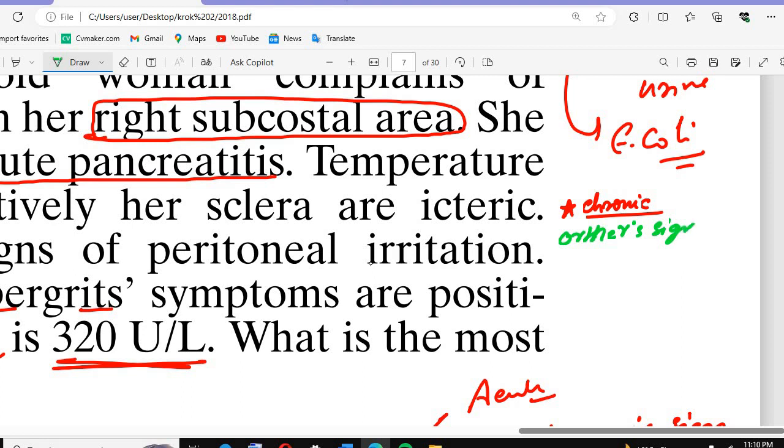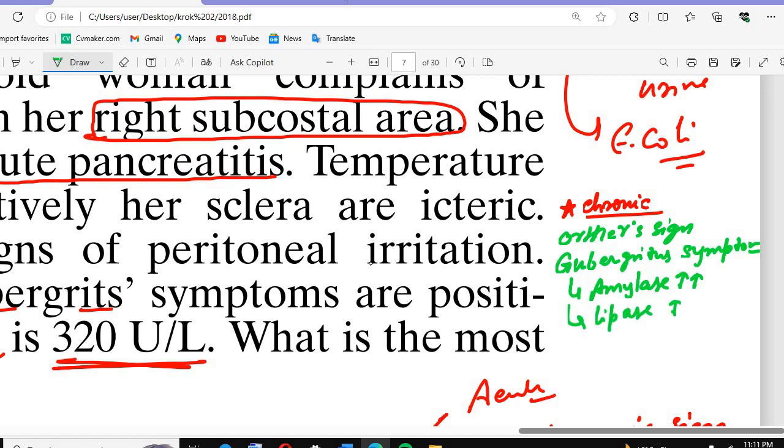We already discussed acute and chronic pancreatitis, so go to the pancreatitis topics and revise them. Along with that we see the Gubber greatest symptoms. Gubber will increase the amylase. Amylase will increase and cause steatorrhea. After that the lipase will also increase, and trypsin will also increase. That is the Gubber greatest symptoms being positive. This is seen in the chronic.